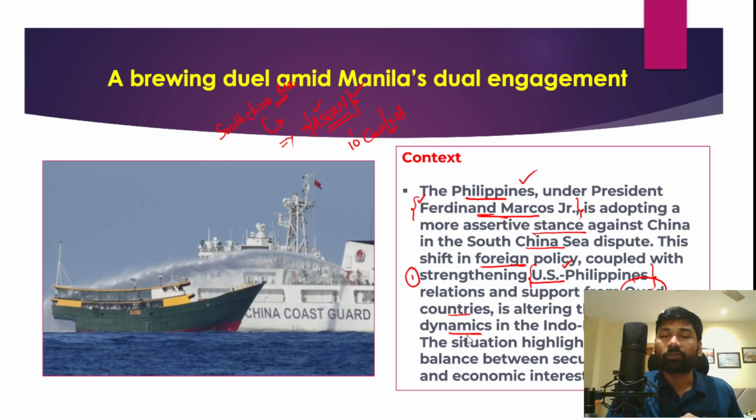Freedom of navigation and overflight would face challenges because of Chinese assertiveness and aggression in the South China Sea. Therefore, this particular situation has highlighted a delicate balance between security concerns and economic interests in this area.